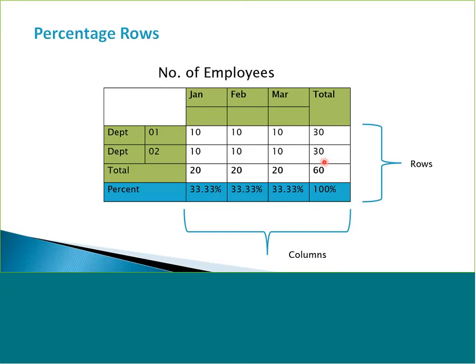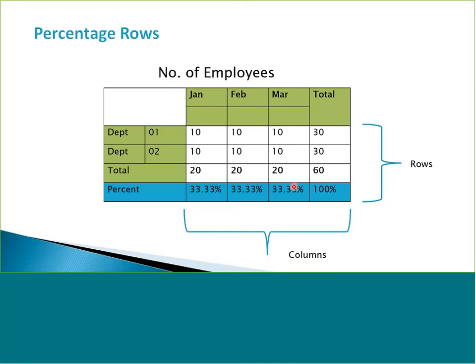So 30 plus 30, when you do 30 plus 30, this 60 here will show you the total number of employees added in the company from January through March, okay? But also if you do it this way, it will also show you the same thing. But when you're going this way, you're doing per period. When you're going this way, you're doing per department, okay?